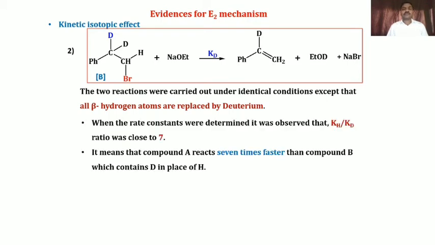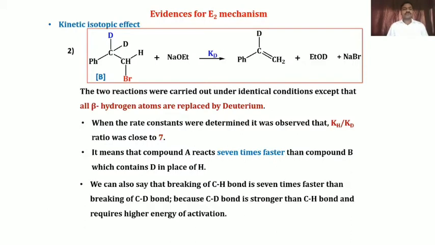The two reactions were carried out under identical conditions, except that all beta hydrogens are replaced by deuterium in compound B. When the rate constants were determined, it was observed that the Kh by Kd ratio was very close to 7. That means compound A reacts 7 times faster than compound B, which contains deuterium in place of hydrogens. We can also say that the breaking of the CH bond is 7 times faster than the breaking of the CD bond, because the CD bond is stronger than the CH bond and requires higher energy of activation.